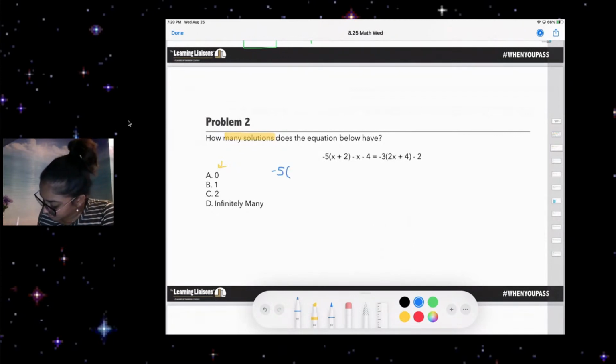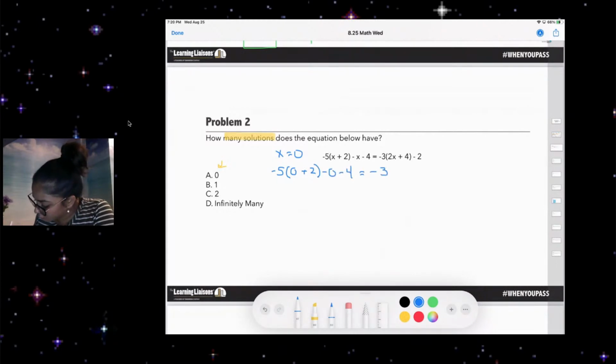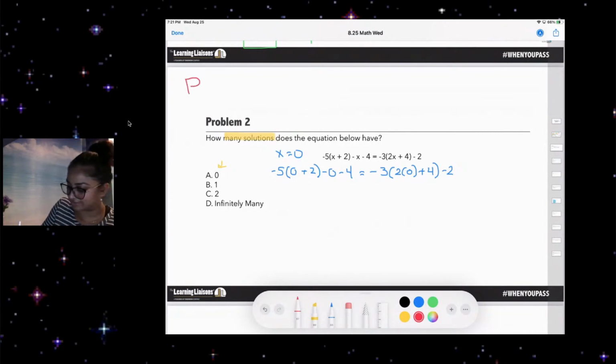If I tried 0, I would say my x is equal to 0. I would plug 0 in every time I saw an x, and hope that I would get an answer that is true on both sides. So you always have to write your PEMDAS: parentheses, exponents, multiplication or division, addition or subtraction.